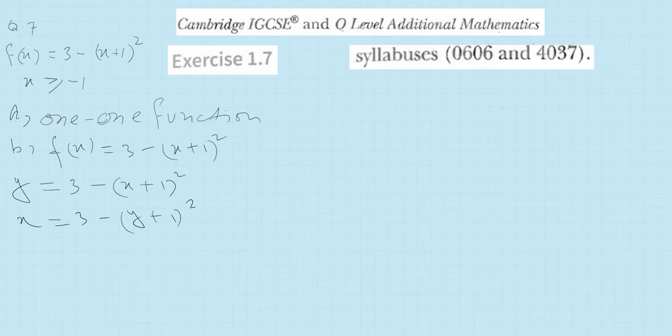The third step is to make y the subject of the formula. So this minus (y + 1)² shifts to this side and it becomes (y + 1)², and this x shifts to the other side and becomes −x. So 3 − x. Now take the square root on both sides.